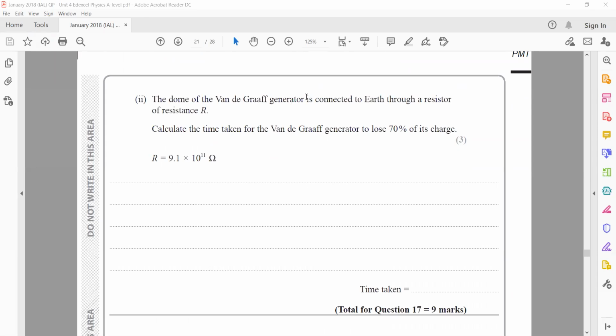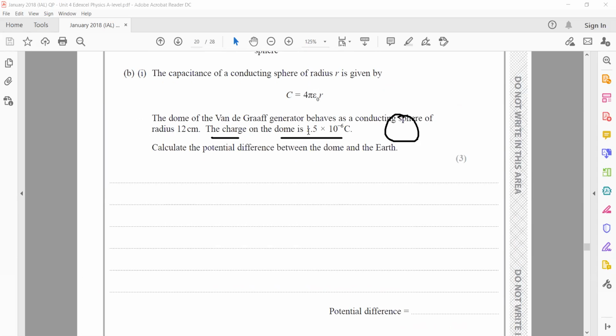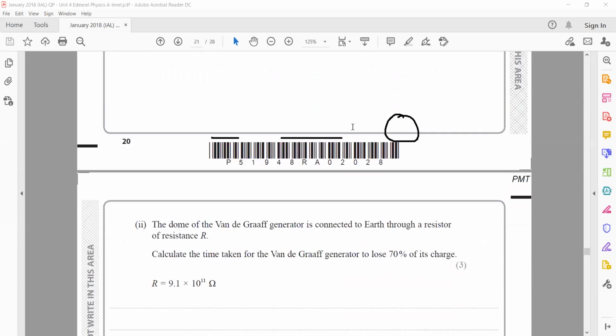The dome of a Van de Graaff generator is connected to earth through a resistor R. Calculate the time taken for the Van de Graaff generator to lose 70% of its original charge. So how do we get the 70% of its original charge? This is the maximum charge the dome can have, which is 1.5 times 10 to the minus 6.